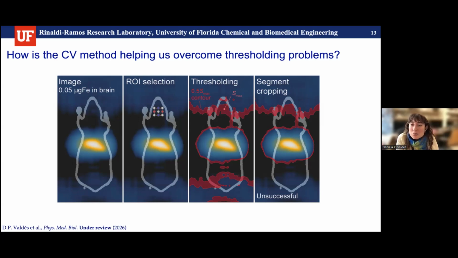Like I want to quantify the brain, so if this is not connected to the brain, I'm just cropping this. So you have a little bit of both worlds. I don't see it completely automated just yet. There's a lot of things that need to happen before we do that.